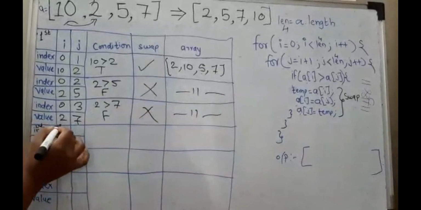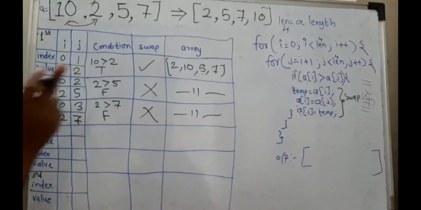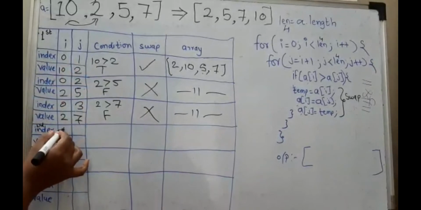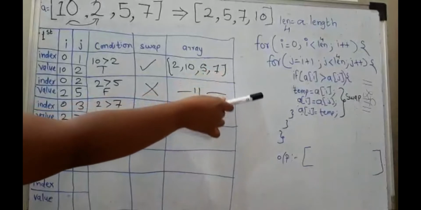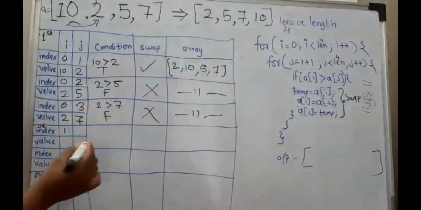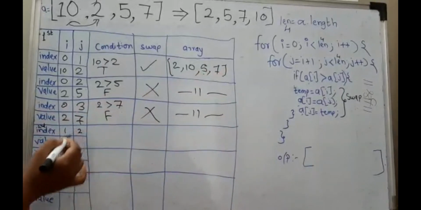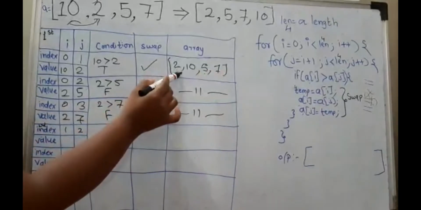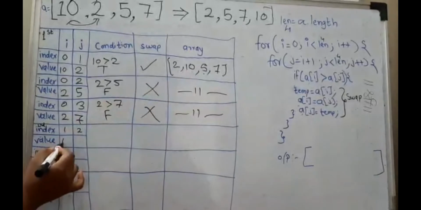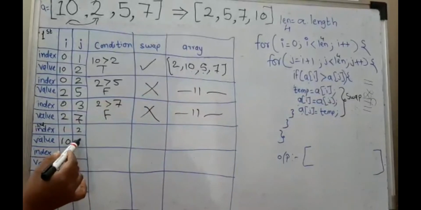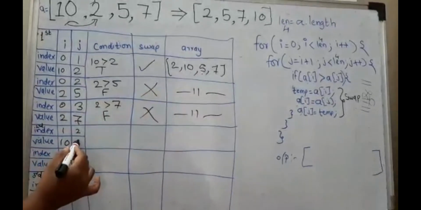The value of i gets incremented now. This is the second iteration of i. So here i became 1, and 1 is less than 4, so it enters the inner for loop. Now j became 1 plus 1, that is 2. So in this latest array, at index 1 the value is 10 and at the second index the value is 5.